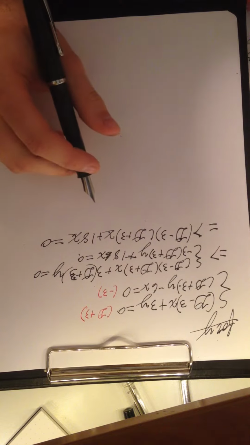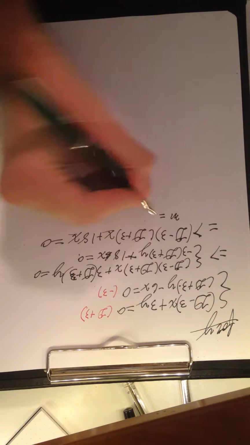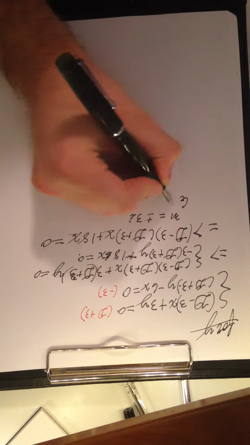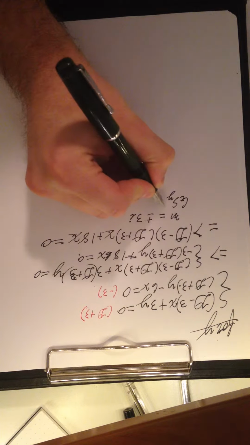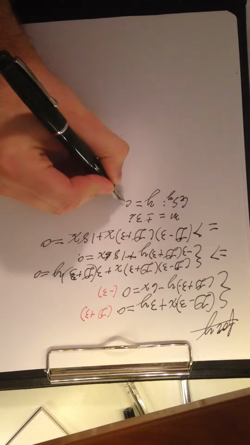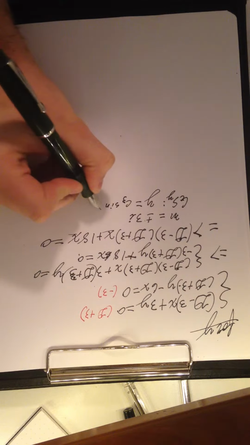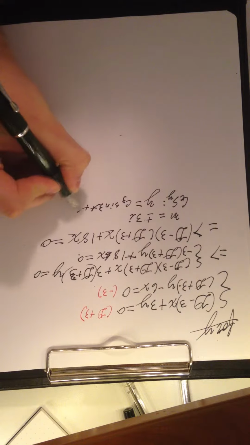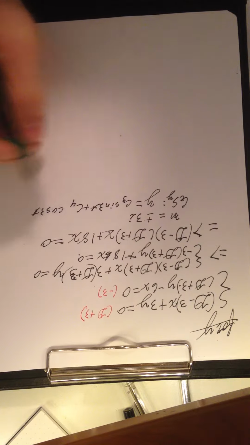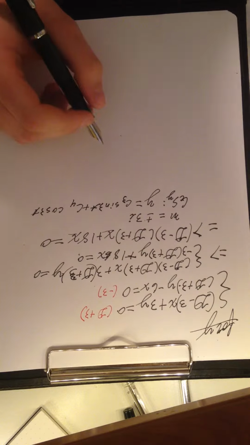So making life easier and saving time, we know that our m is going to be equal to plus or minus 3i, and that our general solution for y is also going to be y is equal to c3, it's not the same constants as the other ones, sine of 3t plus c4 cosine of 3t. Now we have both our x and y functions.